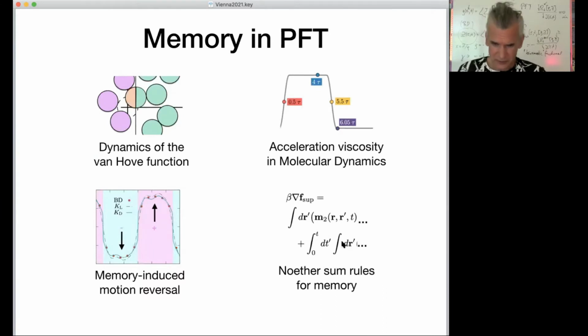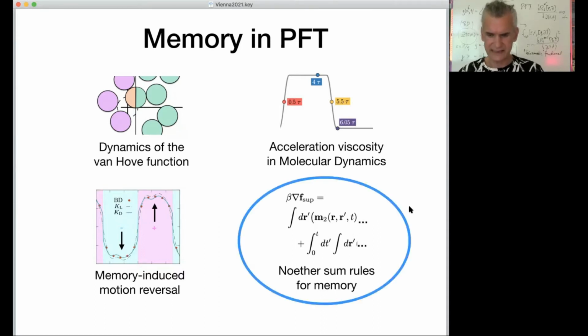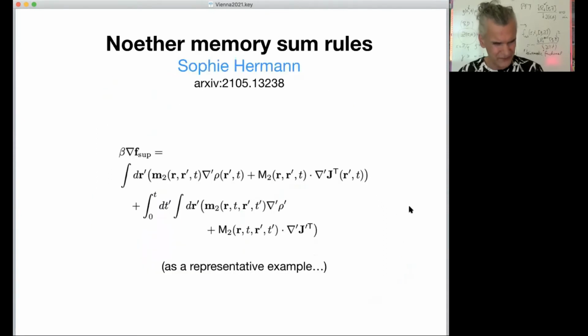And we have a bunch of studies where we tested this. Can one actually see this in real data? It's brute force simulation work and analyzing the data and trying to understand what's going on. And I want to focus on this acceleration viscosity case that we've identified in MD. This is unpublished work, and I'll briefly mention just this case, Sophie Hermann's Noether's sum rules, just to give you a flavor.